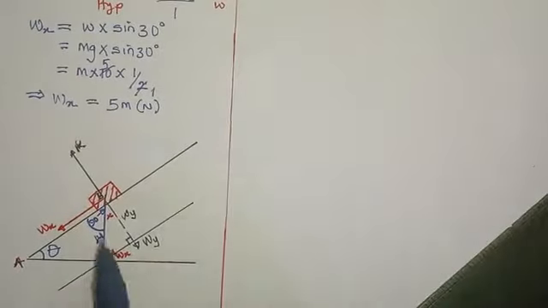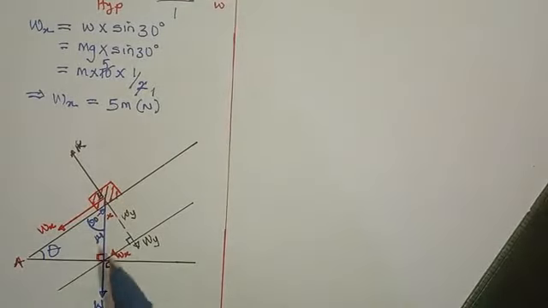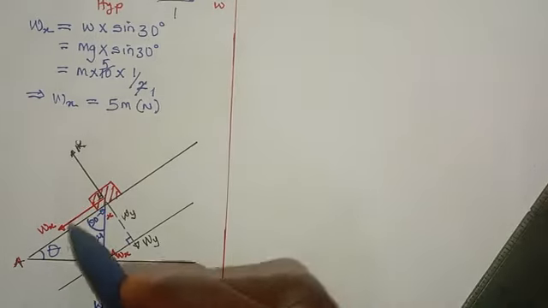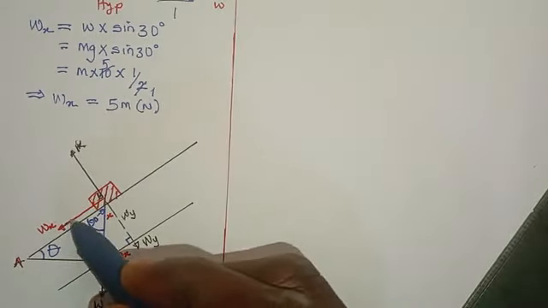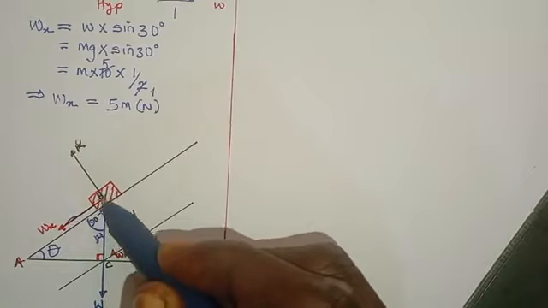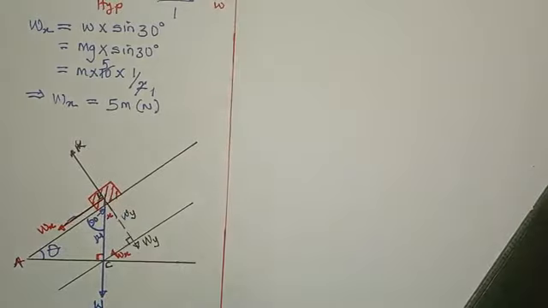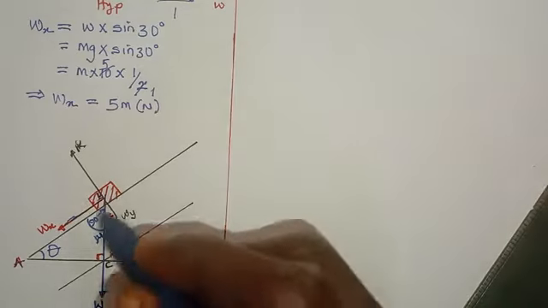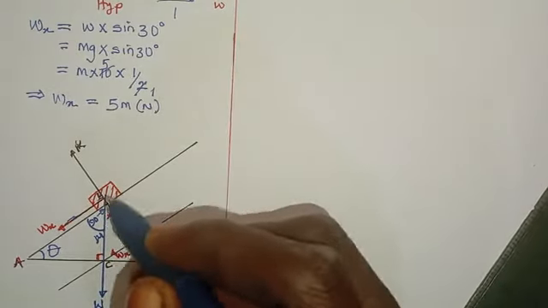So in order for us to know this angle here, we now consider the whole of this. If you look at from here to here, take note of this. From here to here, it forms a right angle. Is that correct? So it's supposed to be here. It forms a right angle.